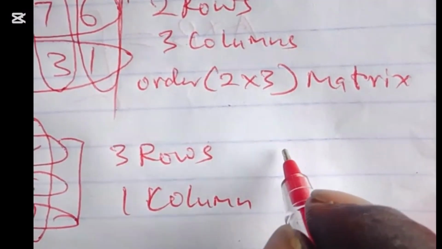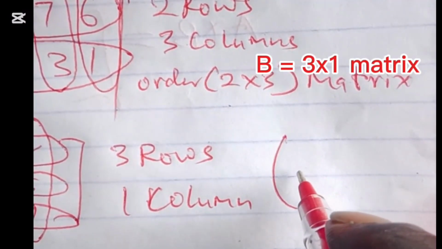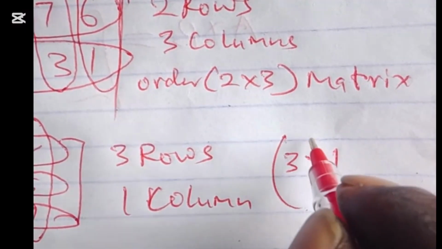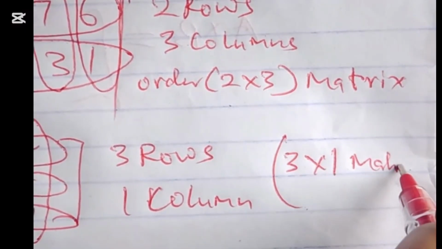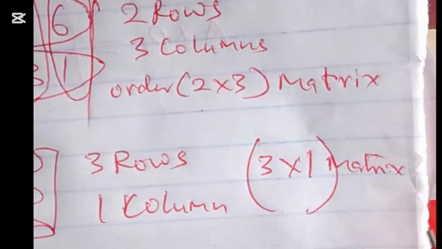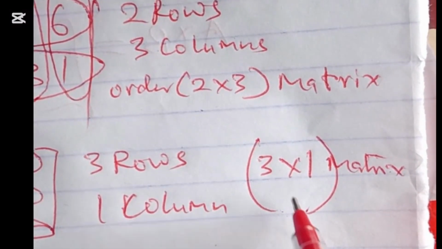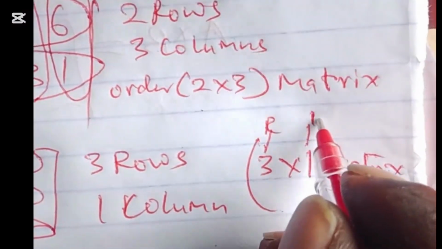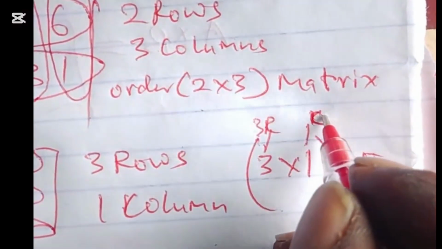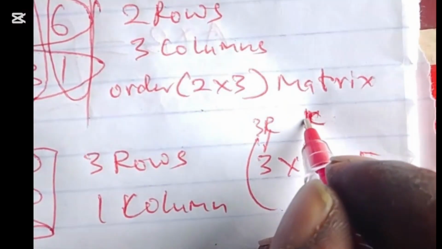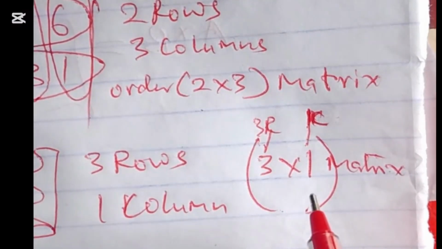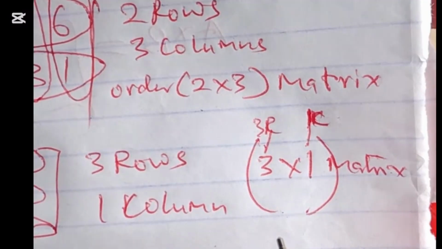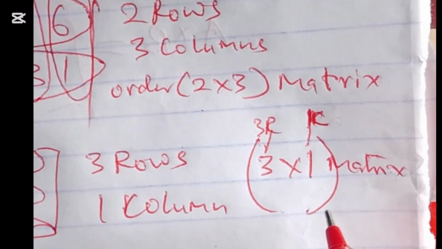So we call it a 3 by 1 matrix. In matrix notation, we always name the rows before the column.